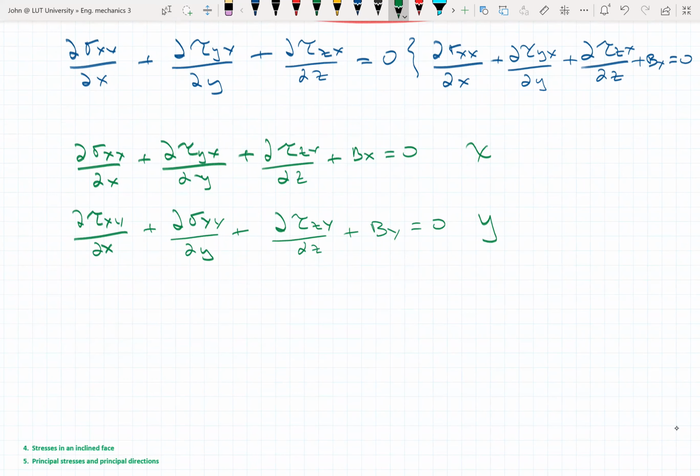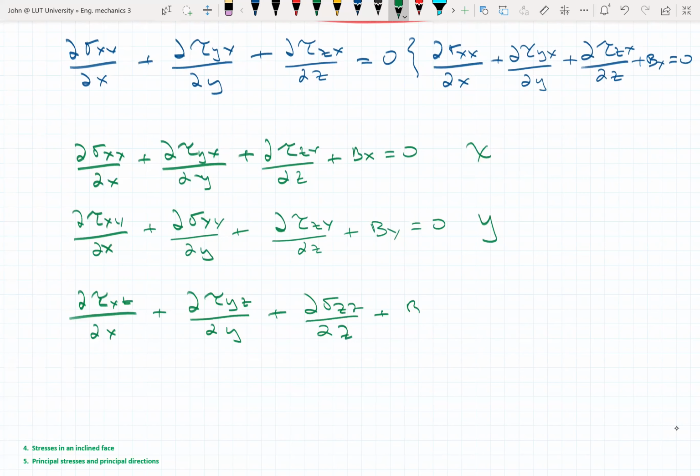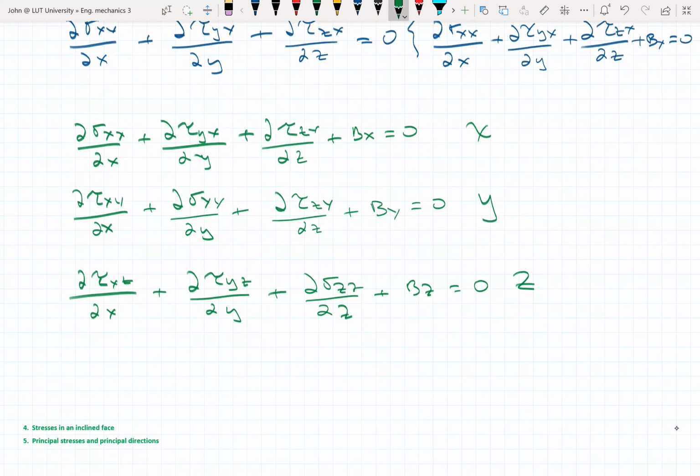Along the z direction, we're going to have this variation xz dx plus tau yz dy plus the variation of the normal stress, plus body force in the z direction equal to 0. Again, these 3 equations form what I have just called the equations of equilibrium.